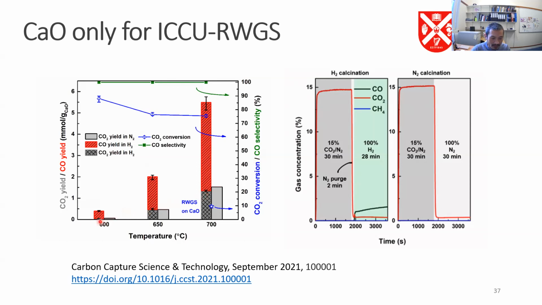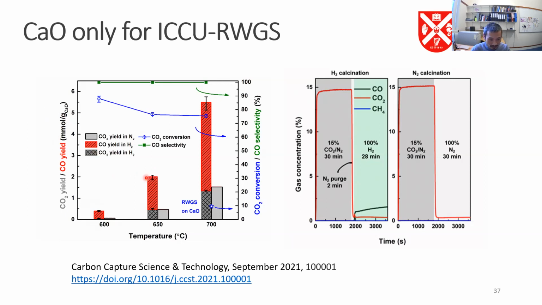So we tested this at 3 temperatures here, 600, 650, and 700 degrees C. The first one, the red color, is CO yield. At 650, you can have about 2 millimole per gram of CO production. This unit is millimole of product per gram of sample.